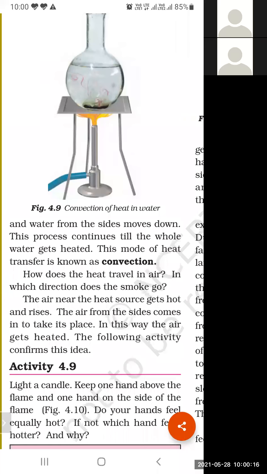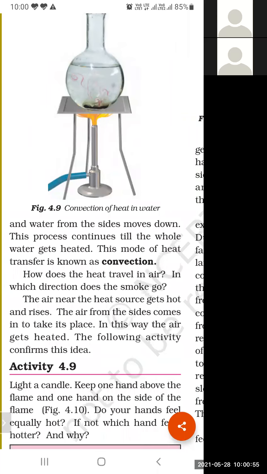The mode of heat transfer in liquids and gases is known as convection. And what is convection? The water or the gases near the source of heat will become hot and rise up. The cold water from the side comes near the source of heat, and after some time it becomes hot and rises up.